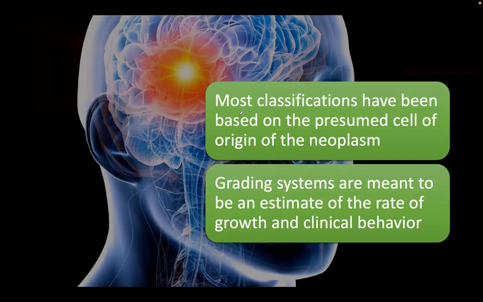The grading systems are meant to be an estimate of the rate of growth, as well as the clinical behavior. With the grading systems, we get a better understanding of the growth rate. We also get a better understanding of the clinical behavior, which is more rapidly growing, which is benign, which is slow growing, which is malignant, and so on.